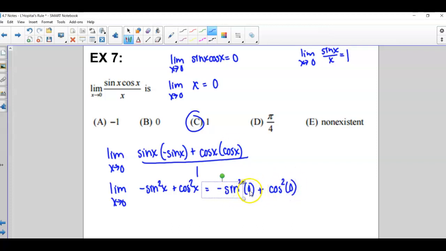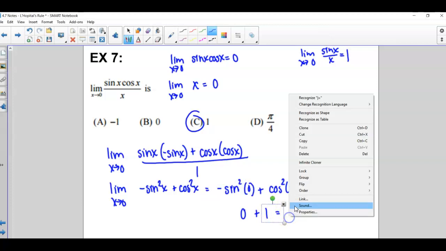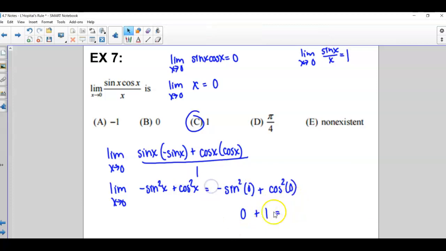If we take sine of 0, it is 0. 0 squared is 0, and negative is still 0. Cosine of 0, on the other hand, is 1. 1 squared is 1. So we end up with an answer of 1 for this problem.